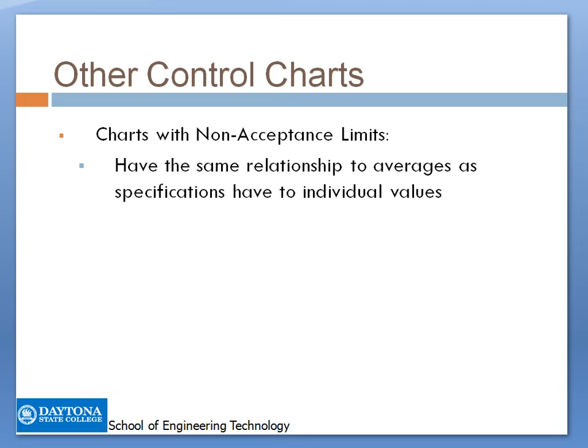So there is no out of control situation, but you also don't have any buffer. And case number 3 is the one where we're going to have a problem, and it's when the non-acceptance limits are inside the control limits. So you can find some non-conforming products manufactured even when the process is in control. So once again, this type of understanding will come when we go over the process capability lecture.